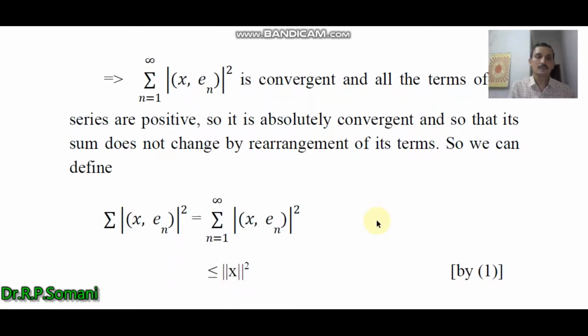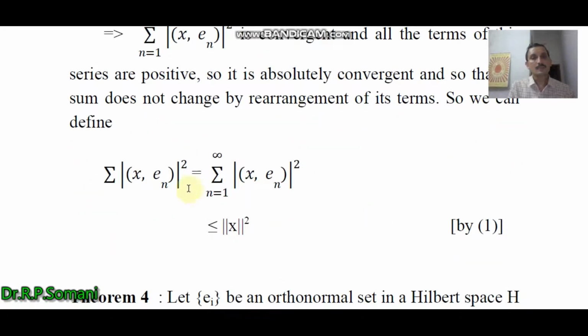So we can write that the summation of modulus ⟨x, e_n⟩ squared equals the summation n varying from 1 to infinity of modulus ⟨x, e_n⟩ squared, and this is less than or equal to norm x squared by equation 1. So this is Bessel's inequality for the general case.